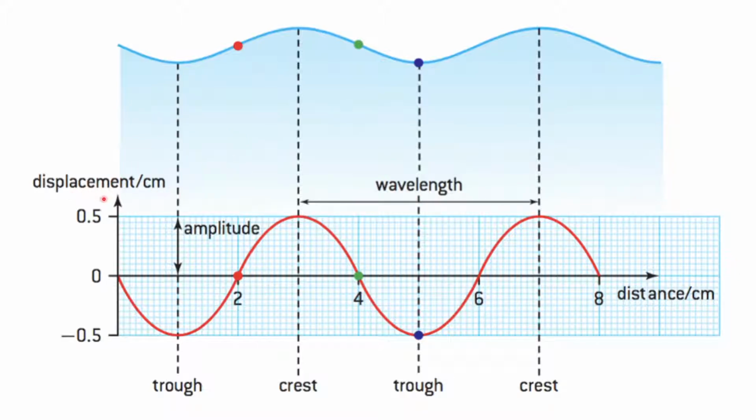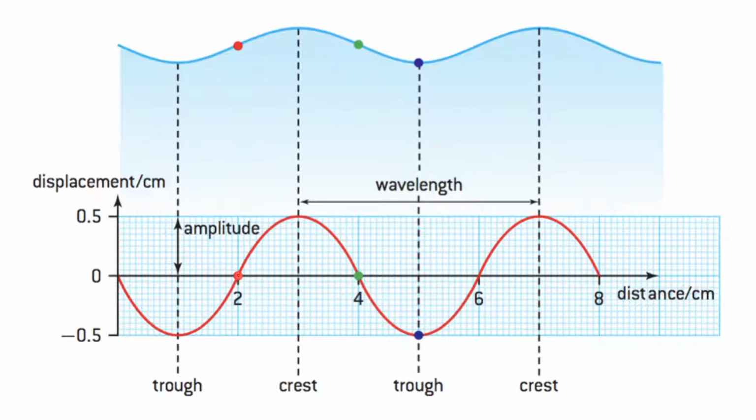All right, but so I got displacement here, distance here. So here's like a picture of the wave. So this is maybe a wave in the water with a couple little markers on it. And so I can see the red and the green marker are more or less at their equilibrium positions, and the blue is kind of dipped down at this instant in time. This is like we took a photo, right? This is a snapshot in time. There's no time progressing in the picture or on the graph.